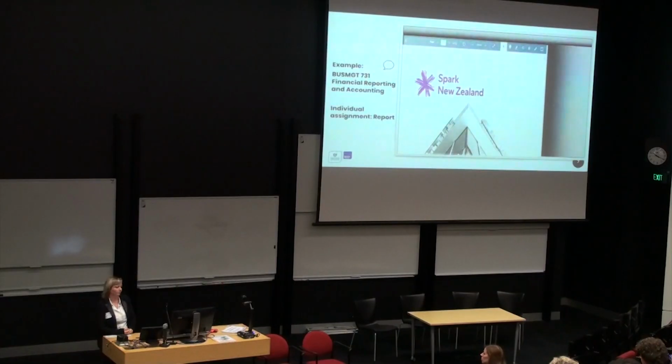Right. So now I'm going to show you 4 examples of feedback that I gave to students. This was a report type of assignment on an accounting standard, which was also based on a real-life company, meaning Spark's financial statements, which they had to implement the new accounting standard and show how this is going to affect the telecommunication industry.